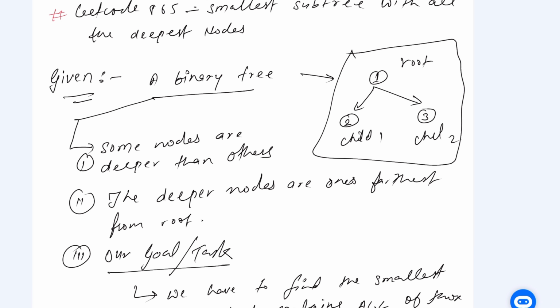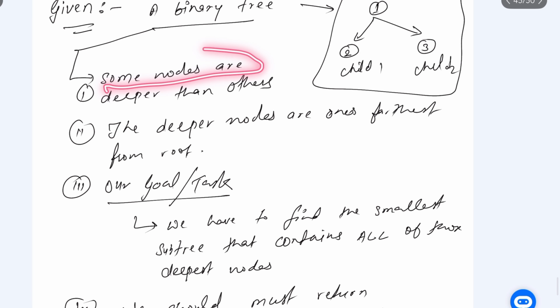Children one, children two, so a root can have a maximum of two children. Some nodes are deeper than others. How? This is the level. If we compare this node with this node, they are different, because this is deeper than it. What is the depth of this? If we call this 0, this is 1, and this is 2, right? We can say the deeper nodes are the ones farthest from the root.